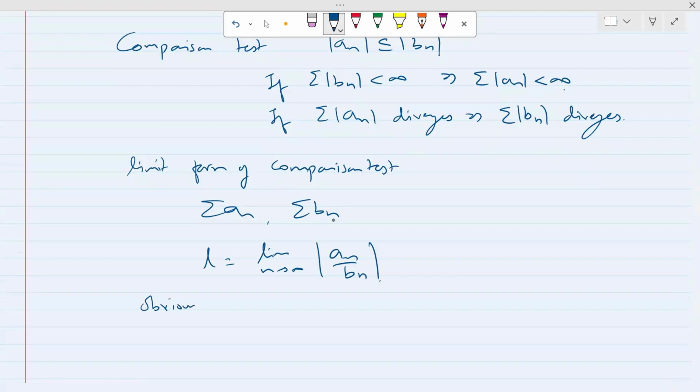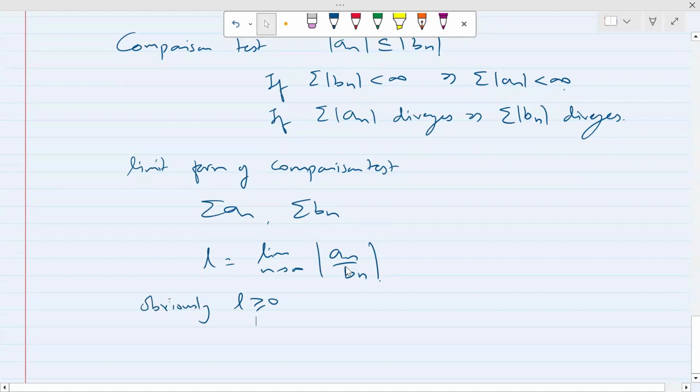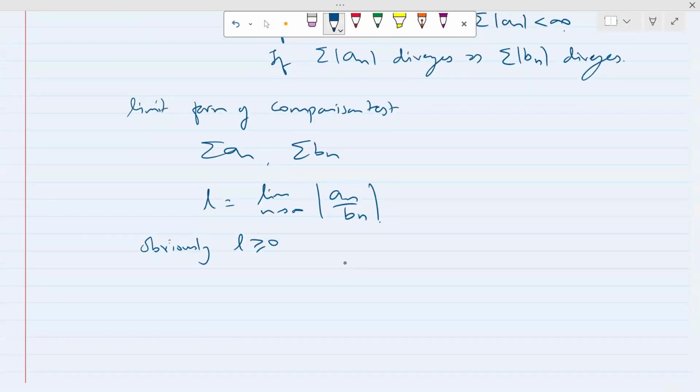Obviously, L is greater than or equal to 0 because it's a limit of positive terms. So the first thing, if L is non-zero, then summation an and summation bn behave alike. What do we mean by behaves alike? Either both will converge or both will diverge.